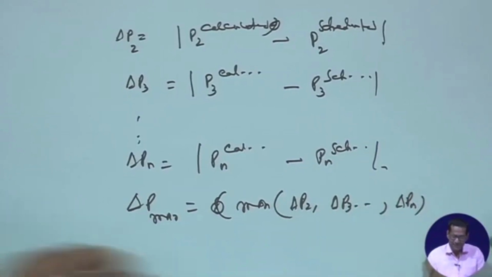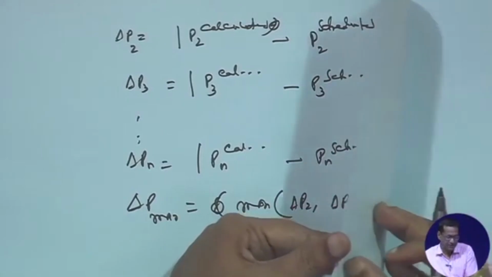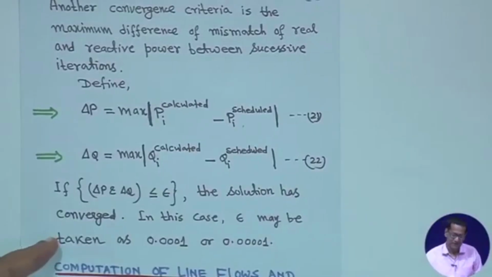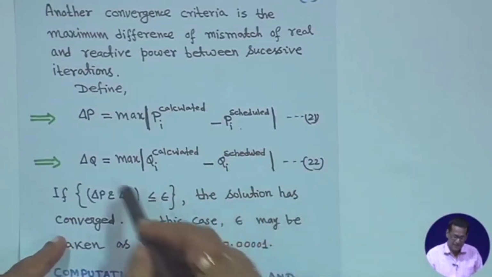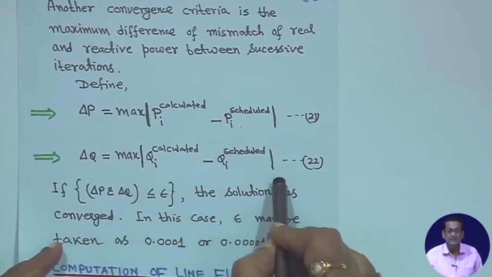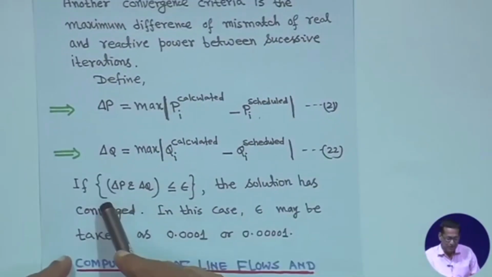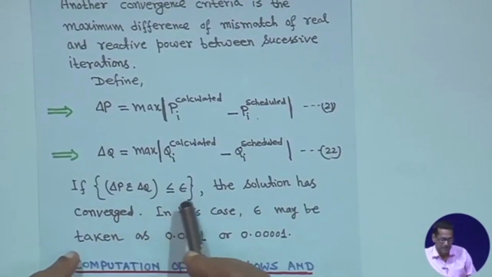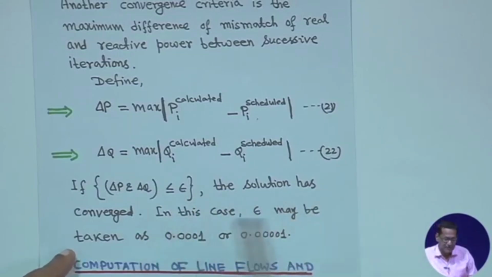Similarly, for delta Q also. This is the meaning of this equation. The same is applicable for delta Q, the same way. If both delta P and delta Q together go below or are less than or equal to epsilon, then the solution has converged.